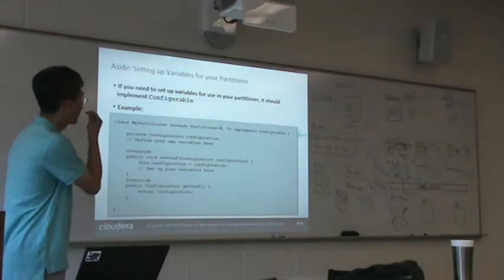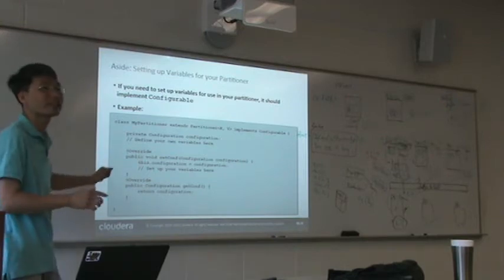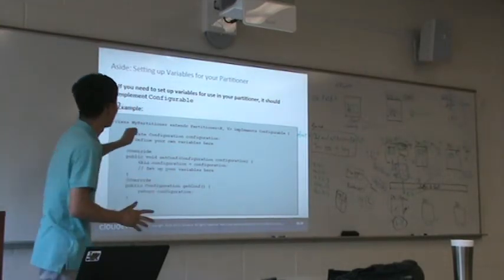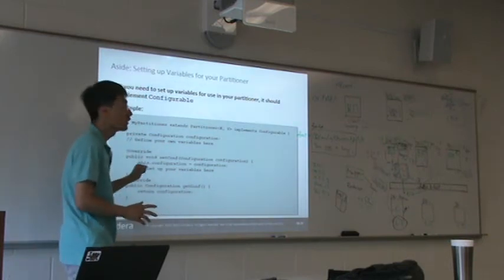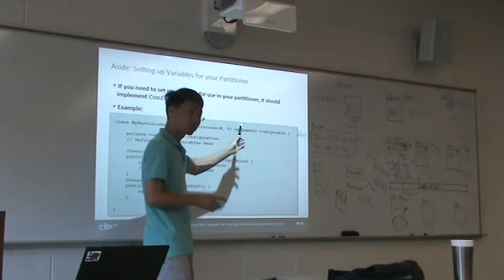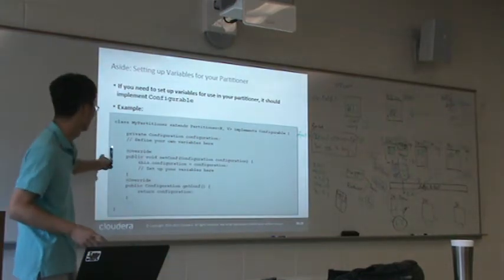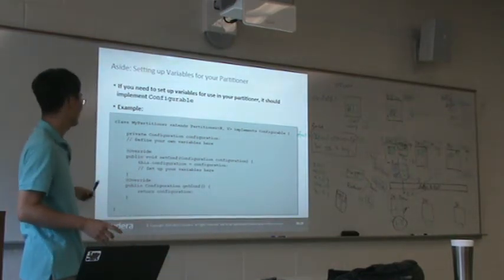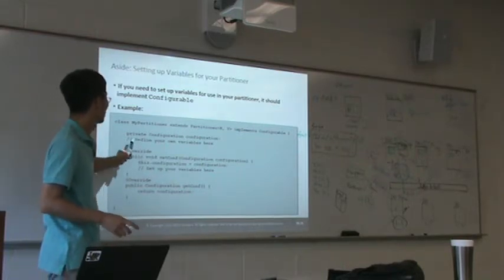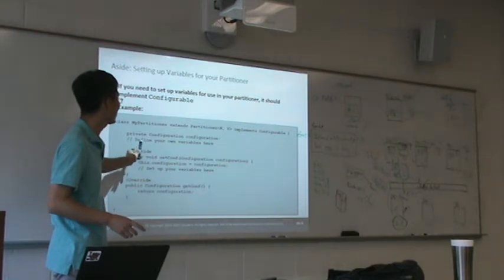This is one of the examples of a partitioner. It's a separate file, but it can be included anywhere as long as it has the class. This partitioner has the key and value. Then you need to specify the configuration.